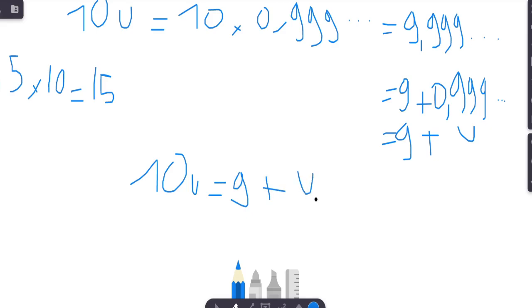So by subtracting u from both sides of the equation, we have 9u equals 9.